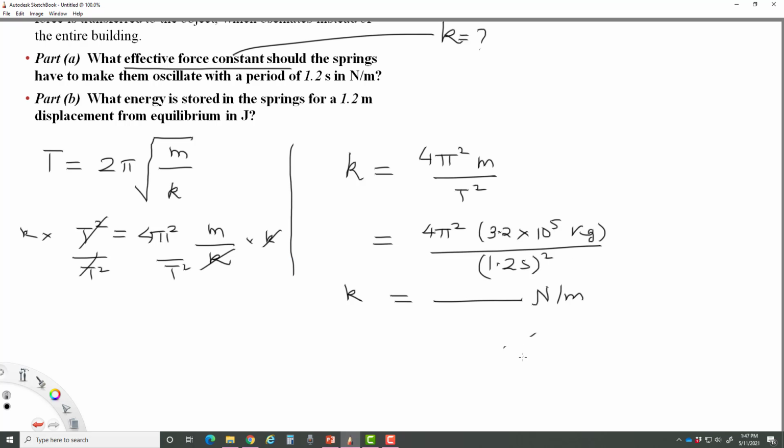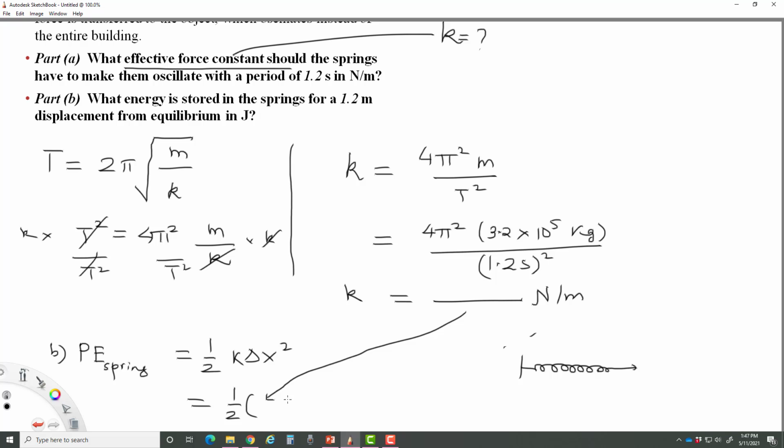So we know from our previous chapter, the spring stores potential energy, which is given by this formula. So potential energy of a spring, either compressed or stretched spring, is 1/2 k delta x squared. So 1/2 k is whatever you find from here, that's the k, and delta x is the stretching or compressing of the spring. So in this case, the spring is compressed by 1.2 meter. Okay, that's squared. So that will give you potential energy in joules.